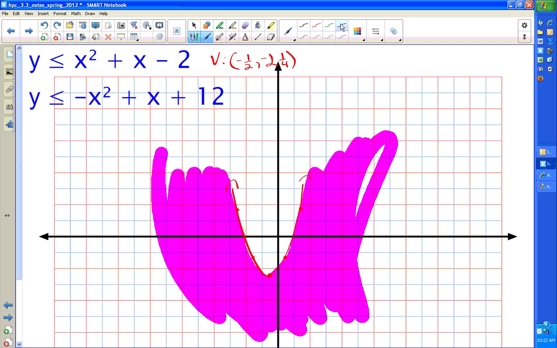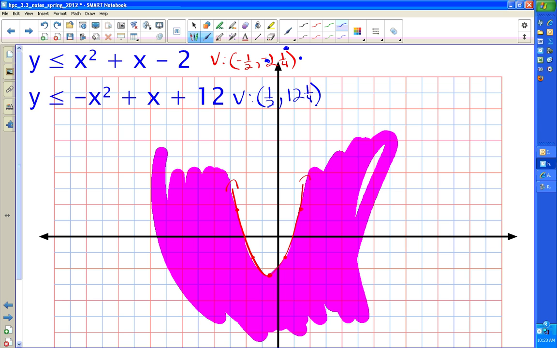Okay. For the second one, where's the vertex going to be? 1/2. What is it? 12 1/4. 1/2, 12 1/4 is going to be way up here. And then vertical stretch factor of -1, so it's right 1, down 1, left 1, down 1, right 2, down 4, I think we'll be about right here.